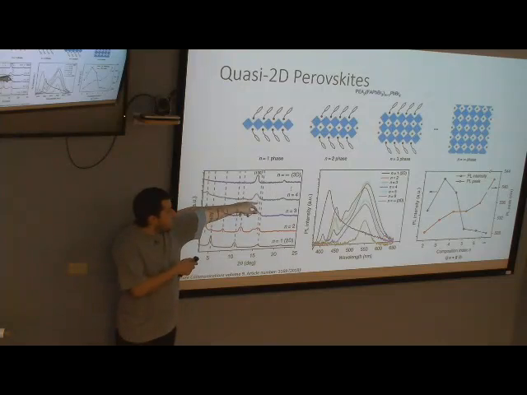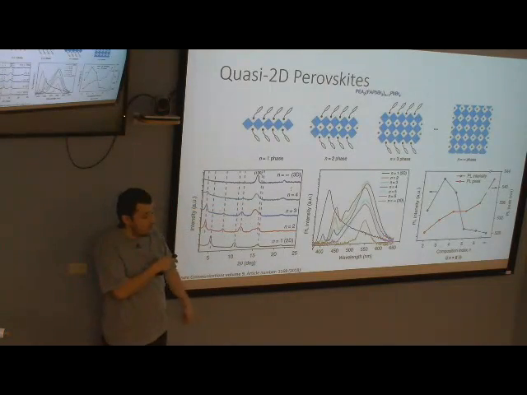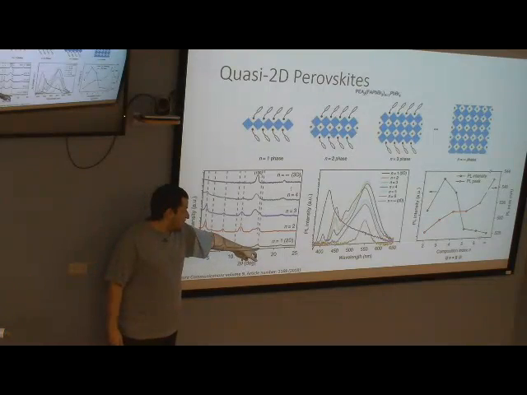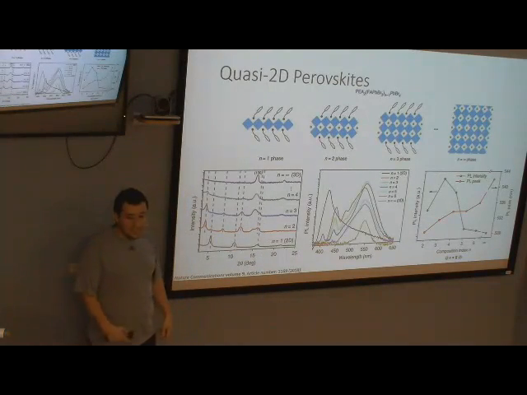Whenever you kept increasing the concentration of the layers of perovskites, the peak significantly got bigger and bigger as compared to a 2D. So you're saying that the more layers of perovskites you added, the more 3D it became in nature?